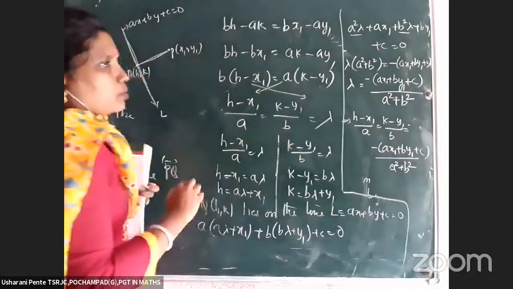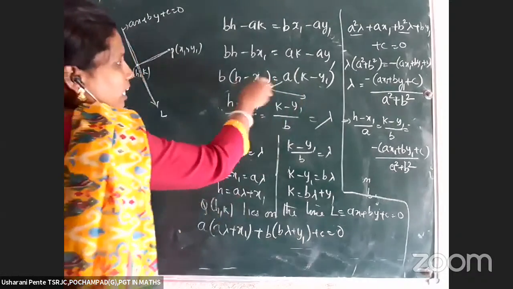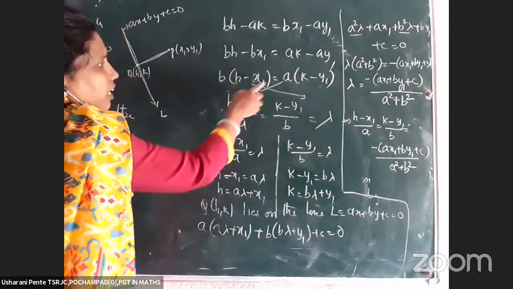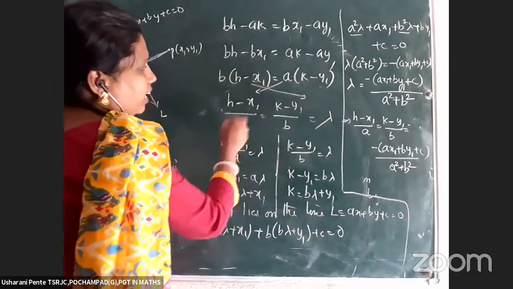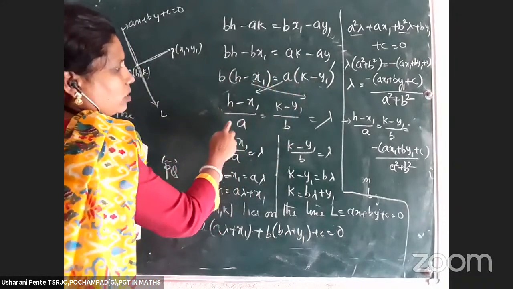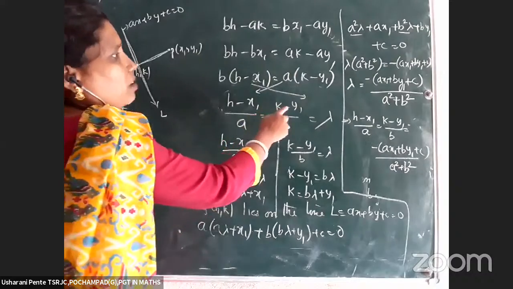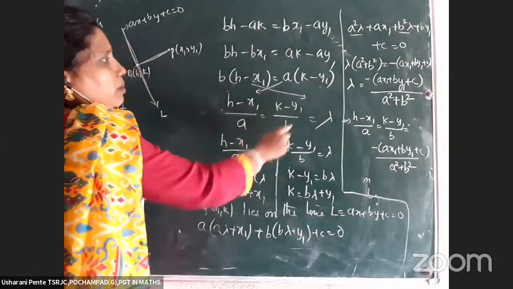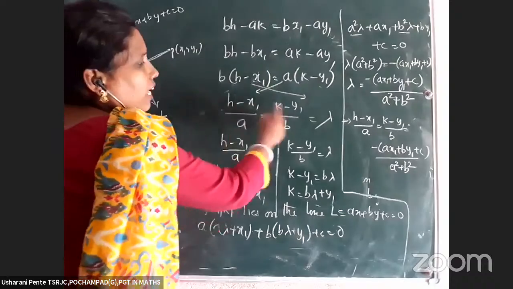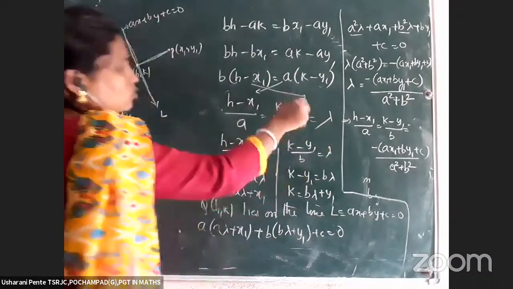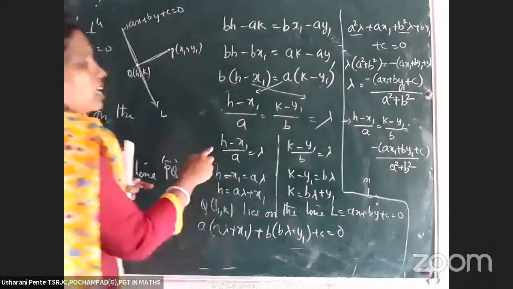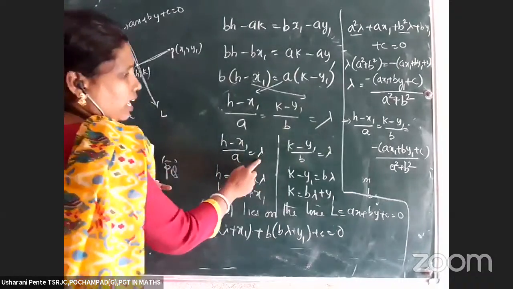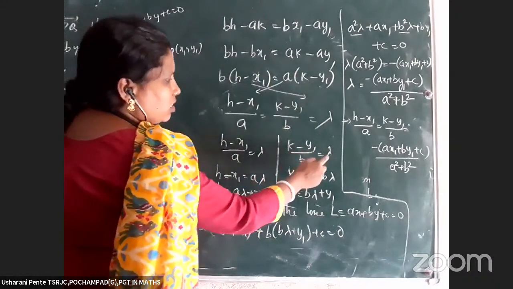Then just by cross multiplying, taking this a to the other side and b to the other side, we get (h minus x1) by a is equal to (k minus y1) by b. To find the values of h and k, we are equating it to some lambda. (h minus x1) by a is equal to lambda and (k minus y1) by b is equal to lambda.